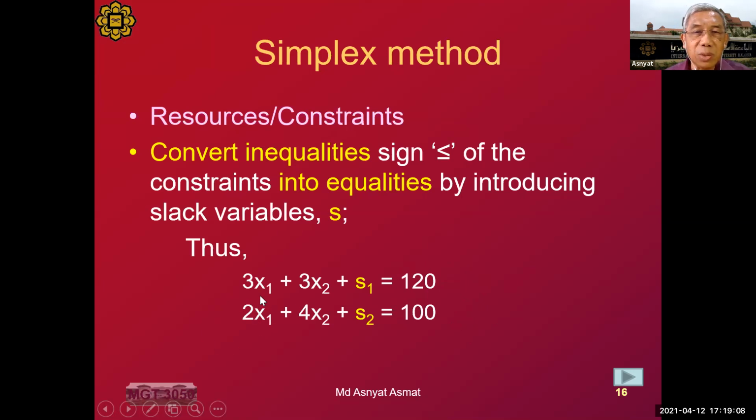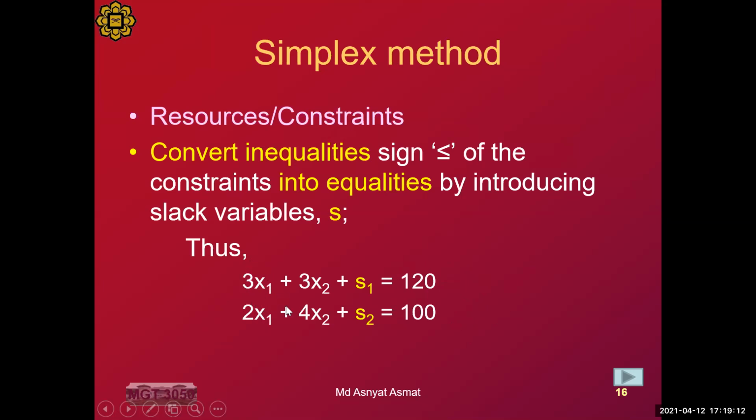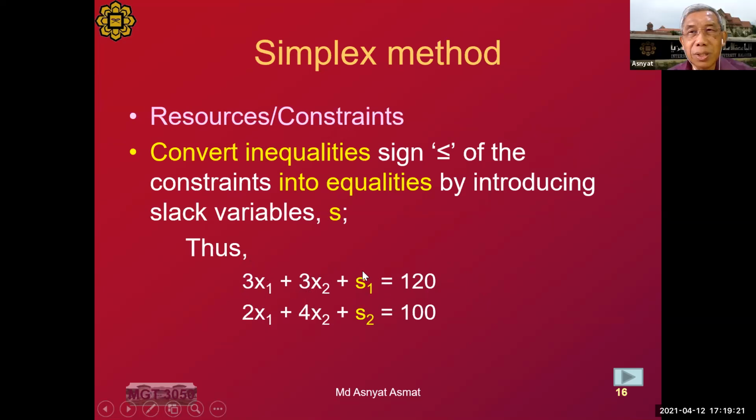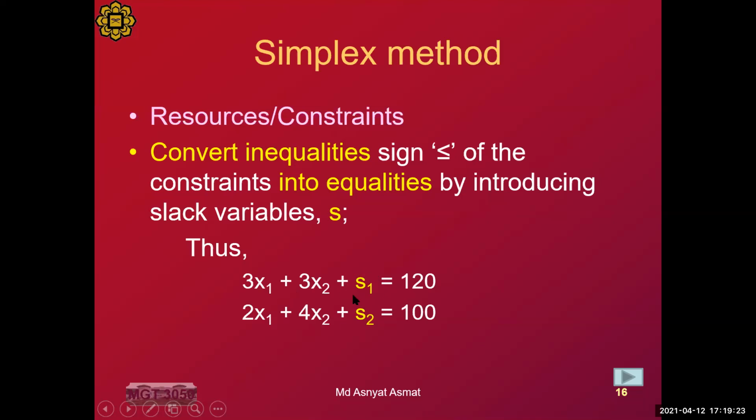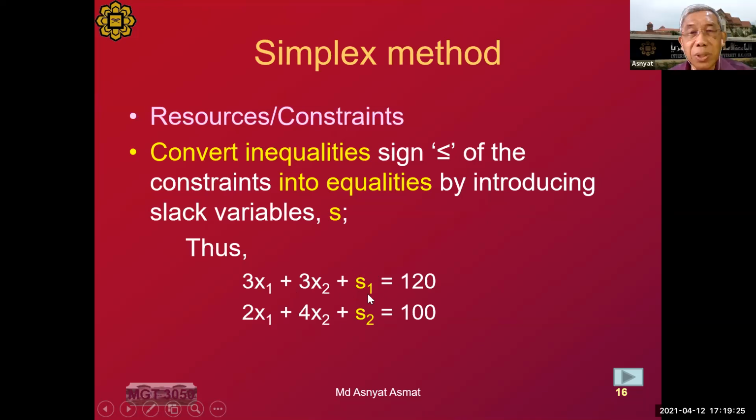What's the value of X1? 0. X2? 0 also. Then S1? 120. That means the carpentry hours are not used at all. The same thing, if I do nothing, the painting hours is 100, not used at all.